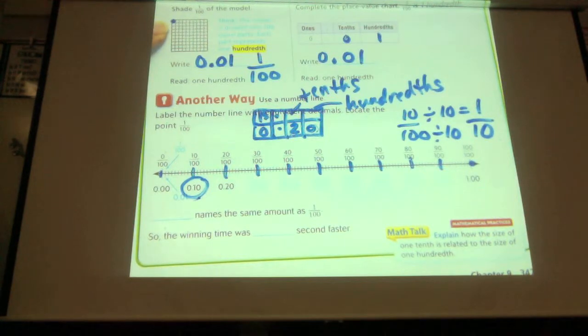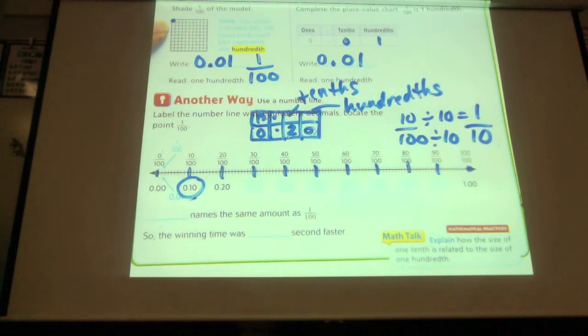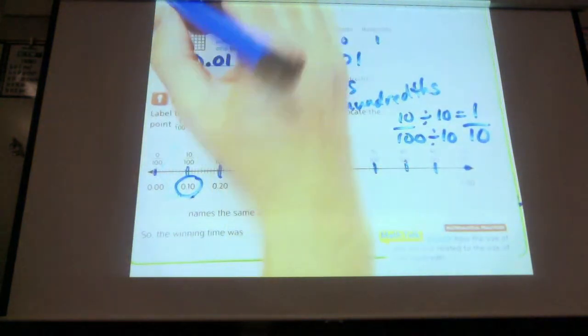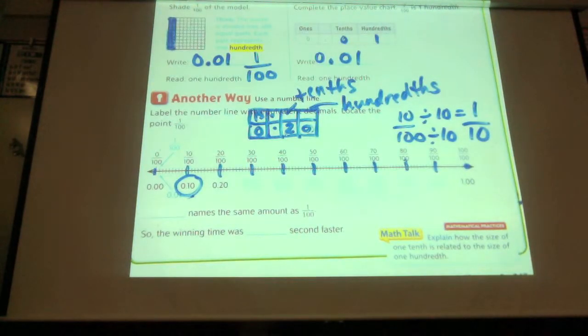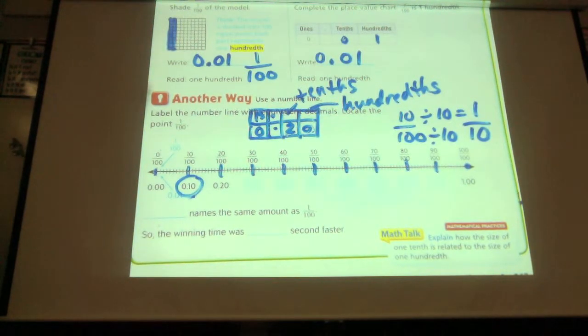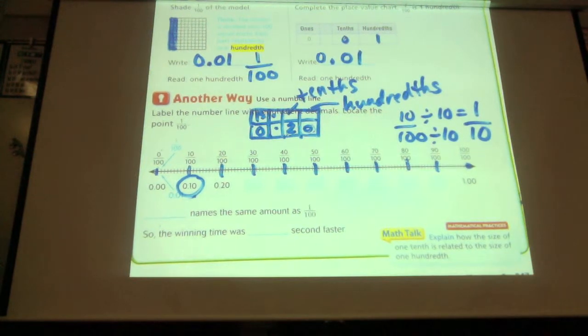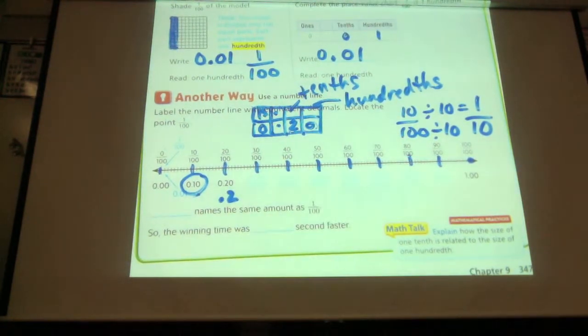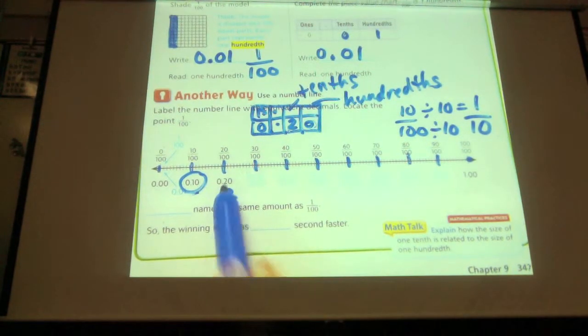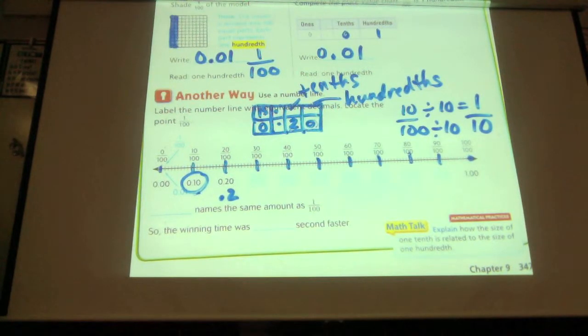Yes. This is 100. 20 of those is like saying 20 cents. Let me show you too. It also looks like this. When you guys were doing your tenths yesterday, didn't one strip equal a tenth, right? So 2 strips would equal 2 tenths, which would look like this. Or 0.20, like 20 cents when you're writing money.